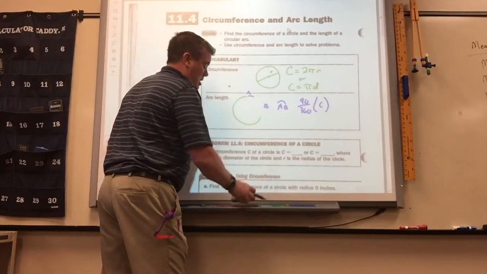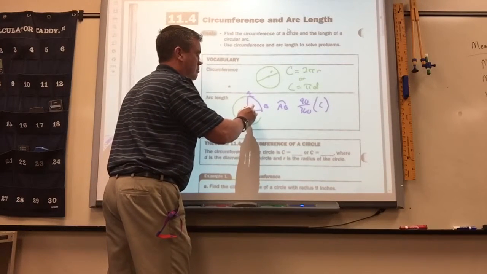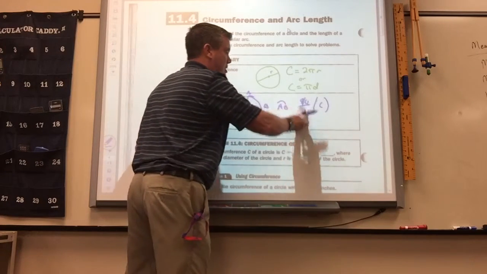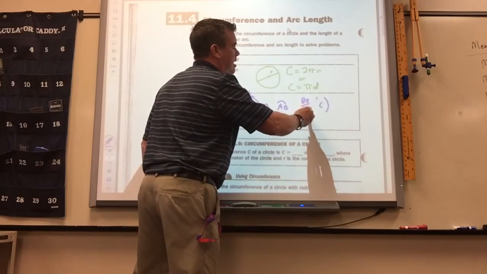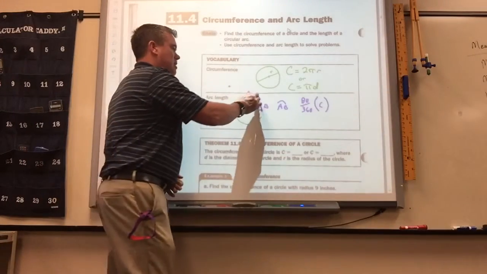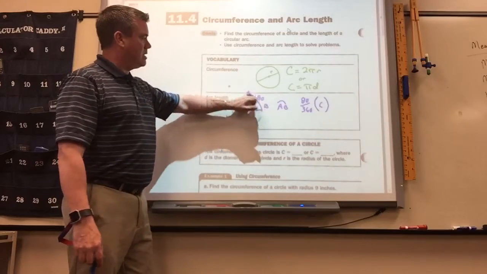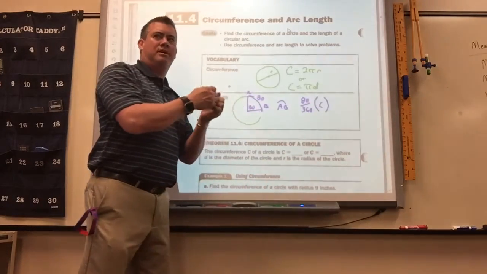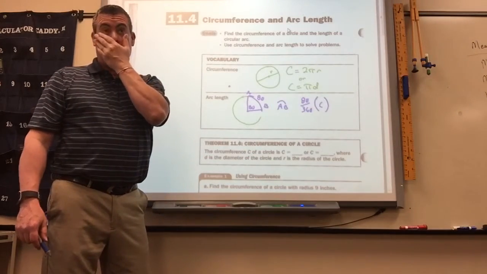So if this was an 80, you would take 80/360ths, because you only want 80 of the 360 degrees. Does that make sense? So all you got to do to find an arc length is take whatever that degree is, divided by 360, so that'll give you the fraction of the circle you're talking about, times the entire circumference. Alright?